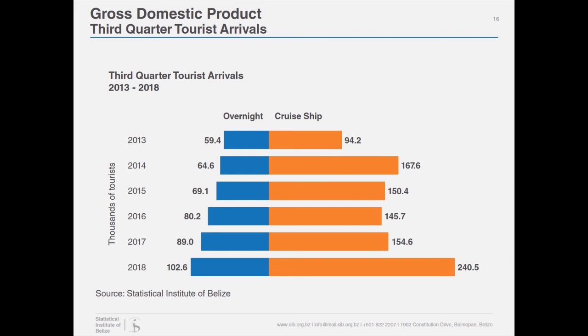So we saw visitors from the United States of America, Europe, and Canada all growing by 16.2%, 22.7%, and 56.7% respectively. Cruise visitors also increased, and this was more than 50% as stated before, and this increase was mainly due to the number of ship calls increasing over the period.